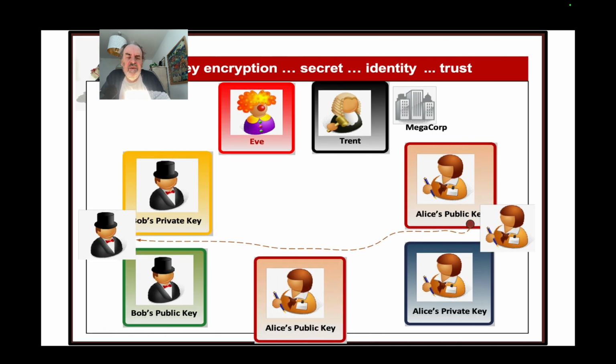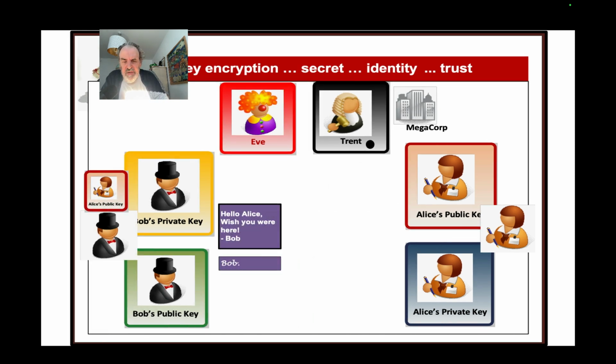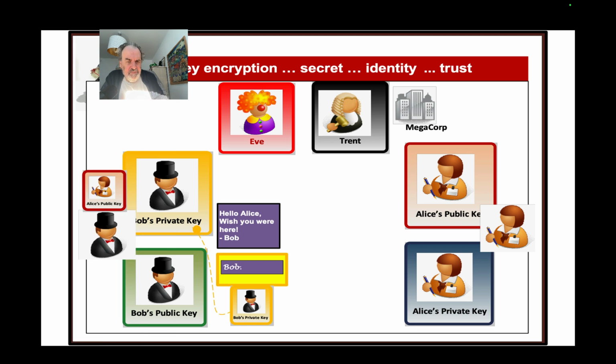So Bob wants to send data to Alice, so he'll get her public key, and he'll get that through Alice's digital certificate. He'll then take the message, take a hash of it, and then sign that with his private key.